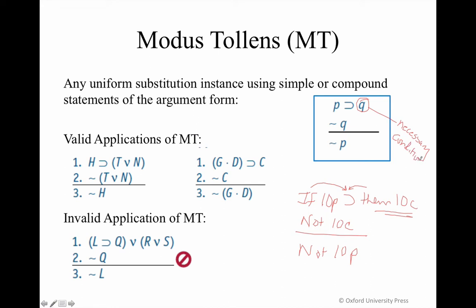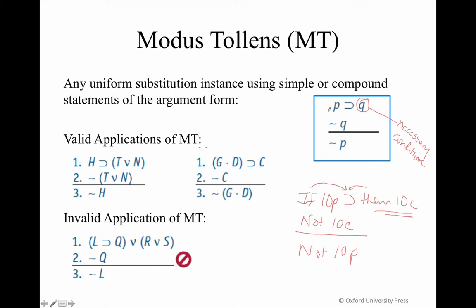What that means is, when this condition is denied, the antecedent is also denied, right? So you would say, if I am alive, then I am breathing. I'm not breathing, therefore I'm not alive. Or if I'm alive, then my heart is beating. My heart is not beating, so I'm not alive, and so forth.